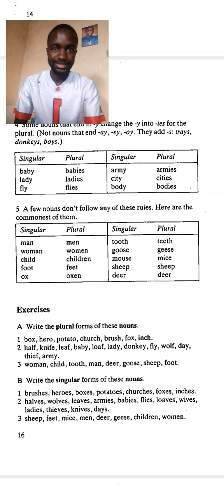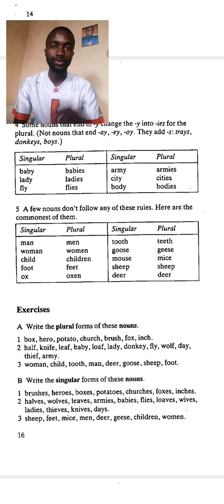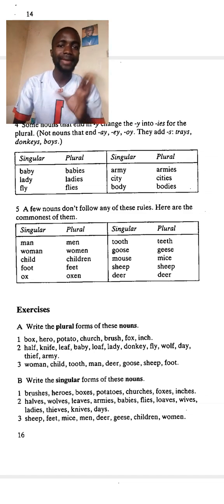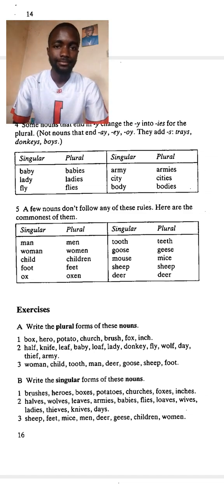You can either change the whole of me or leave the whole of me, but you cannot just take a chunk of me and leave the other part. Yes, you can see that the word man changes to what? Men. The structure changes to men. Woman changes to what? Women.